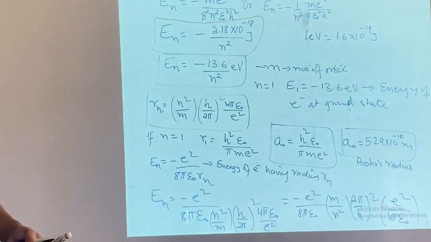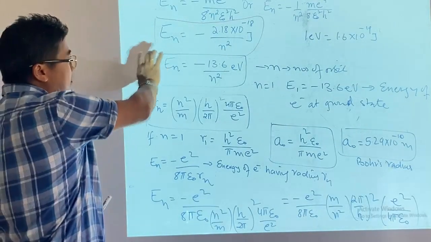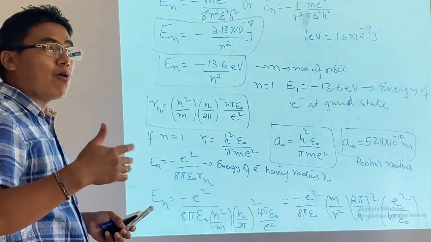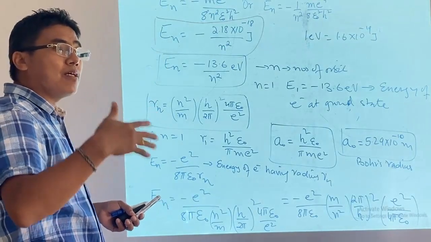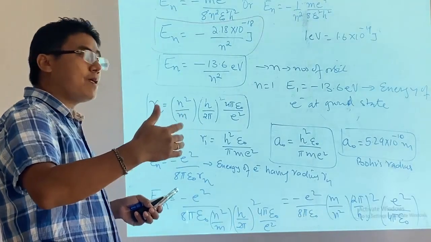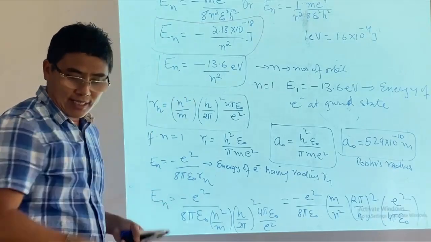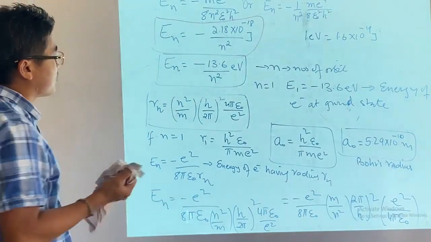Having found this expression, now we can easily find the energy at the second energy level, third energy level. The energy of the first orbit is done; for the second orbit we can substitute the value, and it goes on like that.